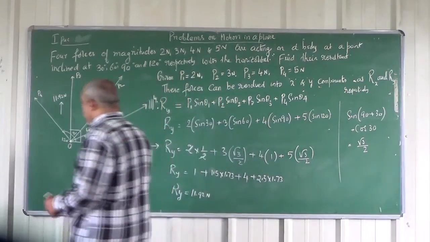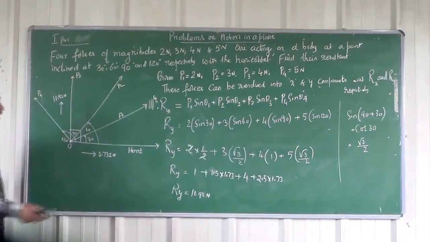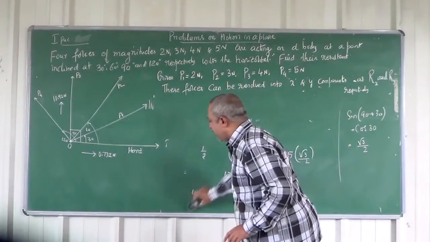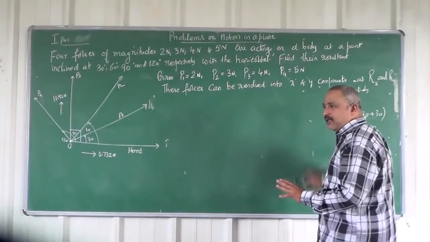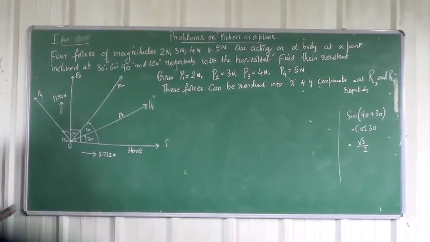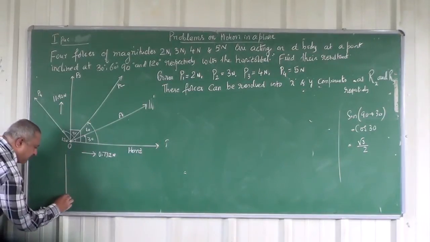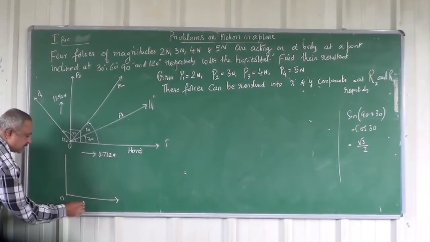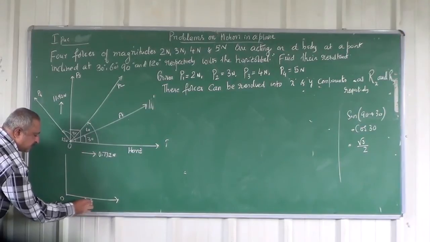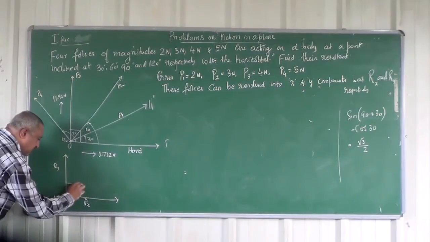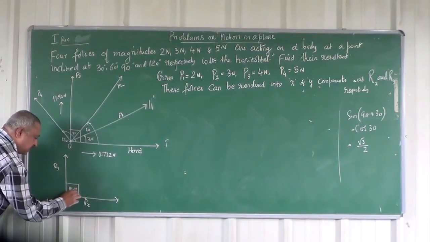Okay. Now let's come to the last step of this problem. What is the total force along horizontal? It's along the x-axis 0.73, along the y-axis 11.92. So now look at the board. You now have come to a situation where this is the point O, this is Rx and this is Ry, and the angle between them is 90.